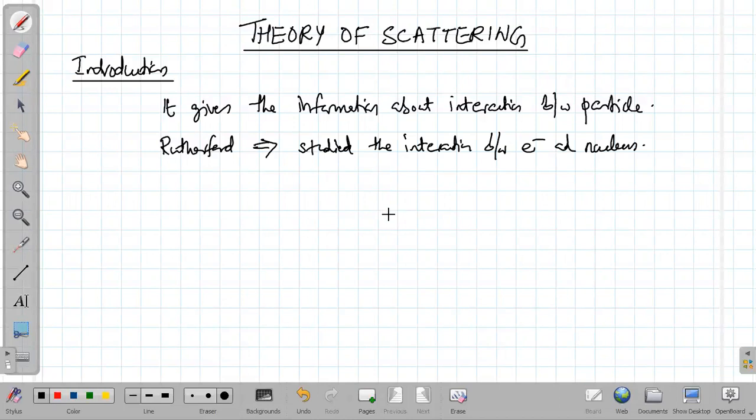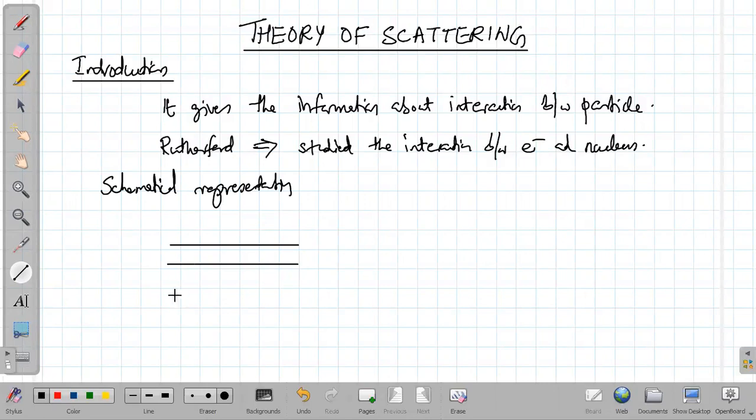Typically a scattering process can be represented schematically as follows. We have some incident particles. These incident particles will be targeted towards some scattering center.